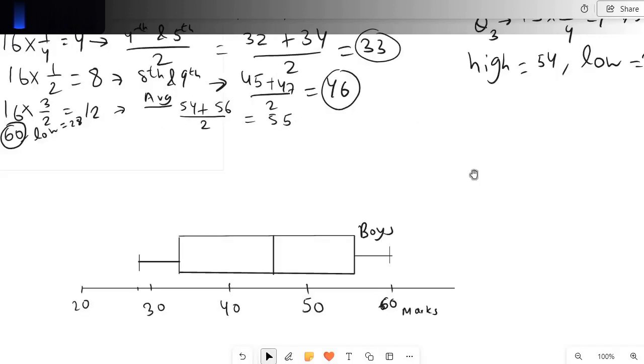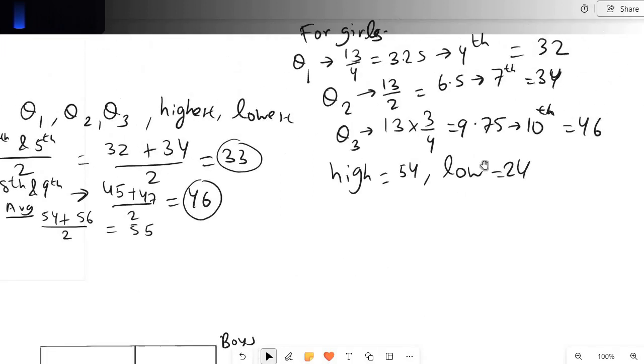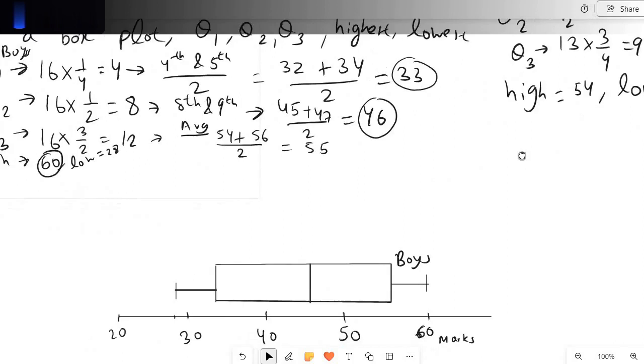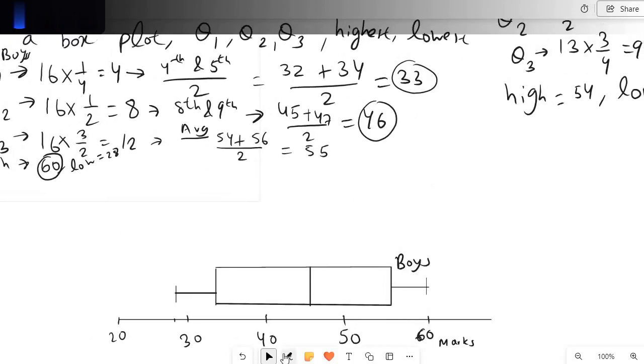Now drawing a box plot for the girls. Here we have the lowest value at 24 and then the lower quartile at 32. So we can plot those here at 24, which is around this position. So we can draw a small whisker to represent this. It should be like this.